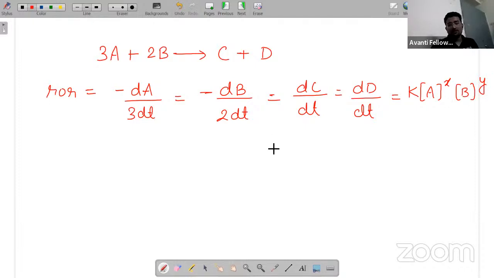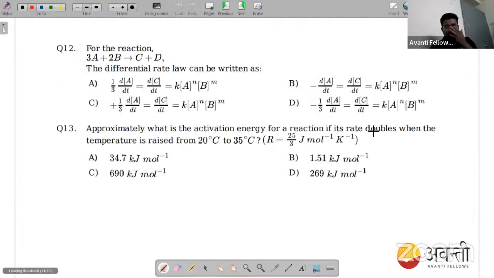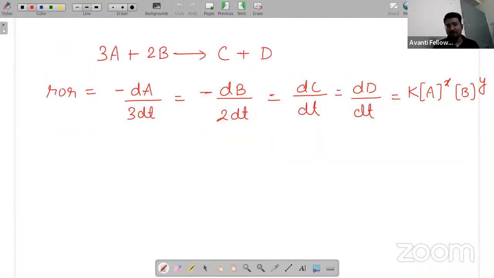Clear? Now check the options. In place of x and y, we can write n or m. No need to confuse.